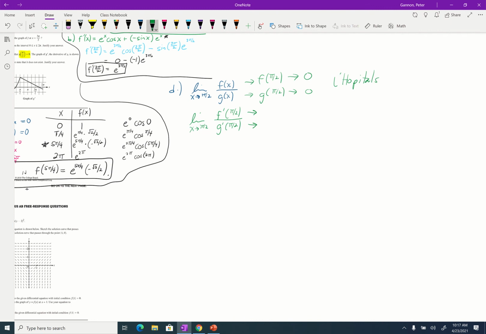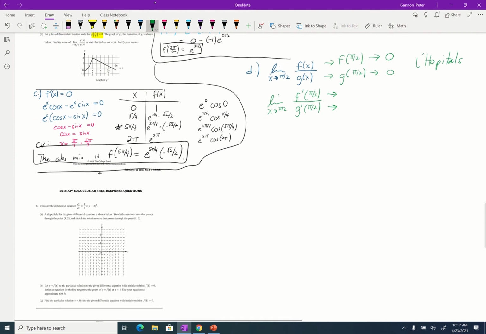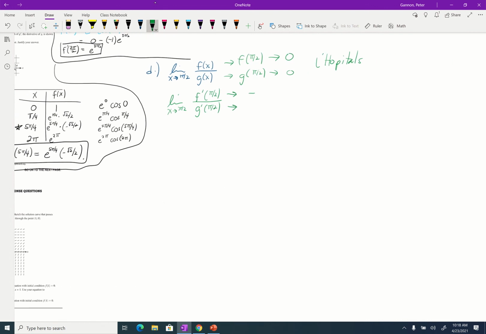Well, f prime of pi over 2, if we plug back into our formula over here, if we plug in pi over 2, cosine of pi over 2 is 0 minus sine of pi over 2, so that's 1. So this is going to be negative e to the pi over 2.